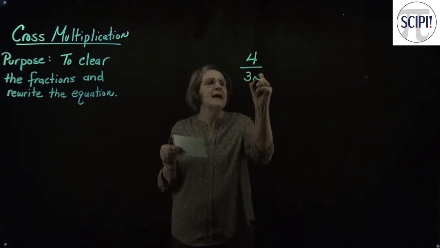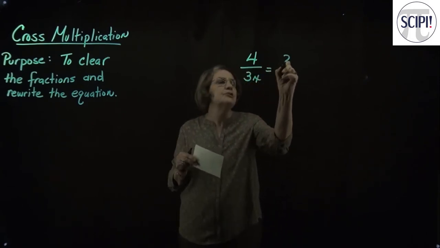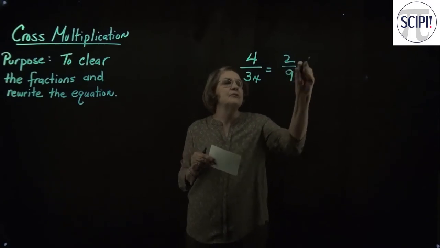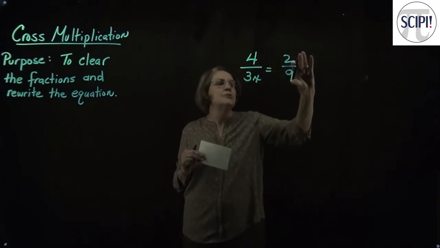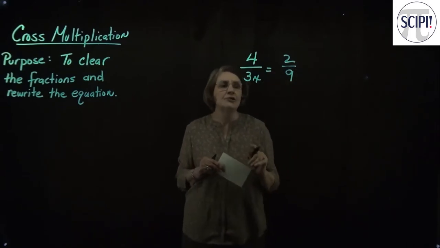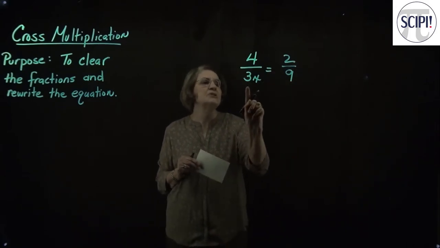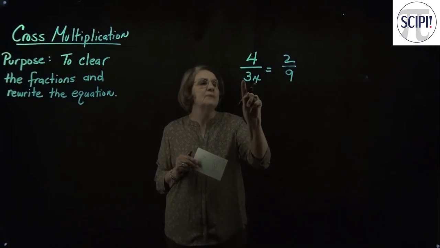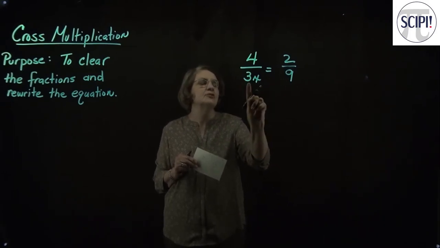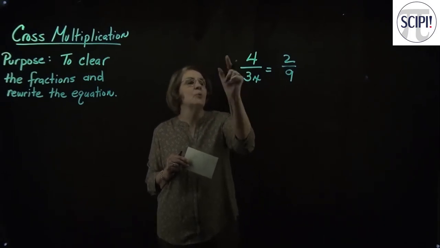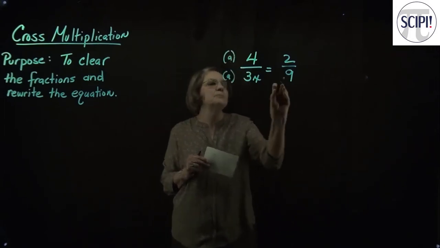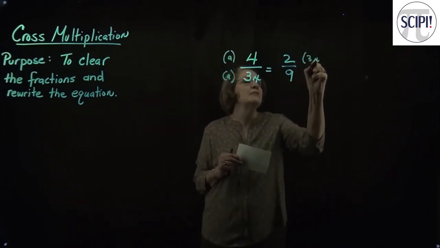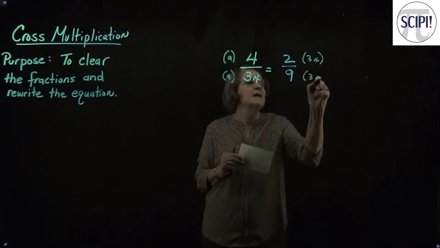4 over 3x equals 2 over 9. The first thing I want to do is see, can I reduce? No. Now I could find the lowest common denominator, which would be 3x times 9, or 27x. That means I would multiply both of these by 9, and both of these by 3x.